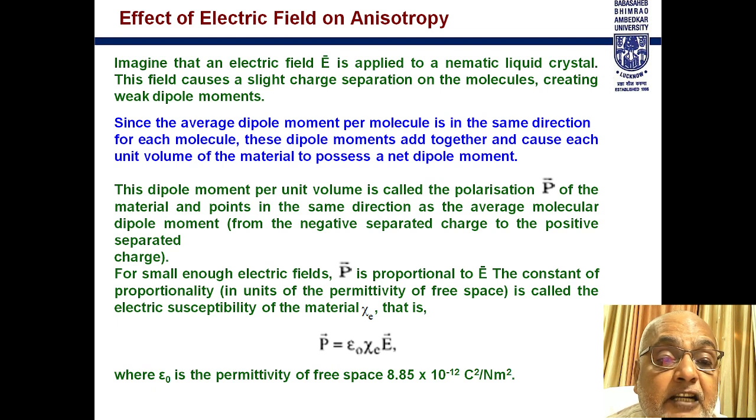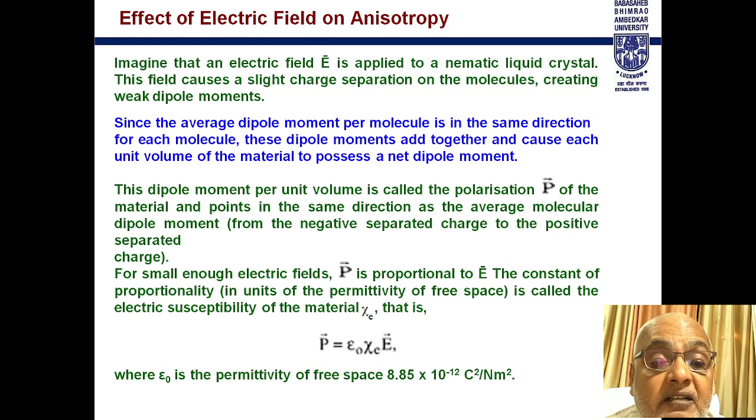Since the average dipole moment per molecule is in the same direction for each molecule, these dipole moments add together and cause each unit volume of the material to possess a net dipole moment. This dipole moment per unit volume is also called the polarization of the material and points in the same direction as the average molecular dipole moment, from negative separated charge to positive separated charge.